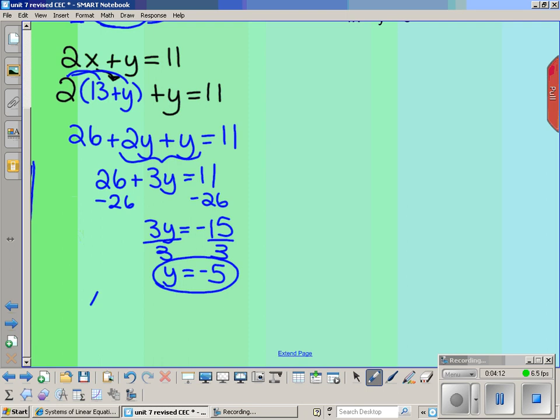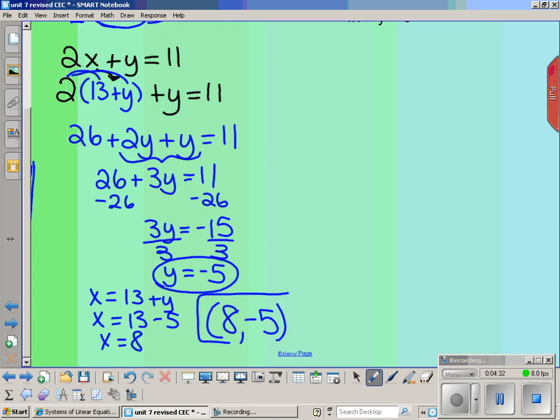So we have x equals 13 plus y. So we substitute the negative 5 into the y spot, and then we do 13 subtract 5 is 8. So our solution is always x then y, so 8, negative 5.